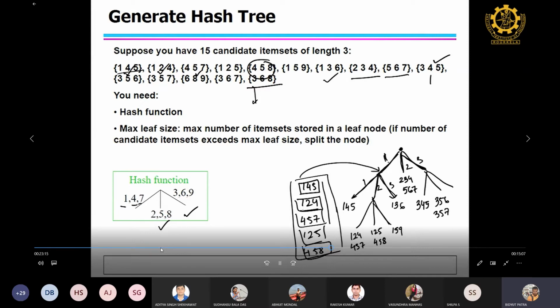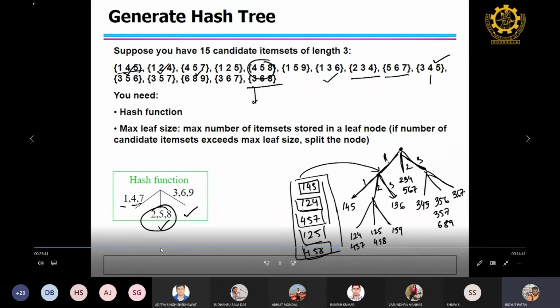Next is 6, 8, 9. 6 is on the rightmost side, and next is 8. Where is 8? So you have to come 6, 8, 9. Next is 3, 6, 7. 3 is done. 6 means rightmost here, so 3, 6, 7.